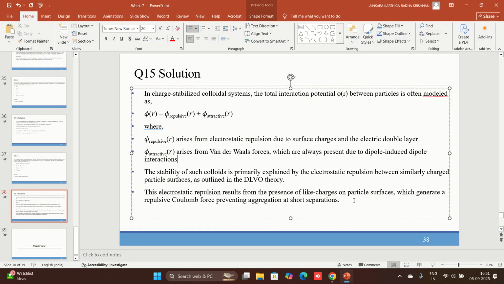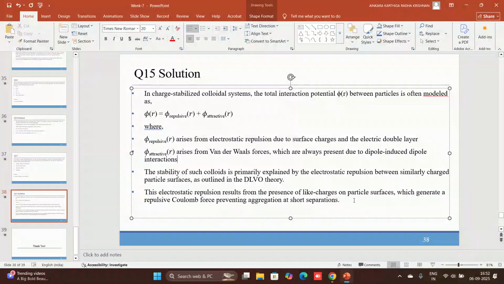In a charge stabilized colloidal system, the total interaction potential phi r is given by phi attractive r and phi repulsive r. Phi attractive r arises from the van der Waals forces, which are always present due to dipole-induced dipole interactions, and phi repulsive r arises from electrostatic repulsion due to the surface charges and electric double layer.